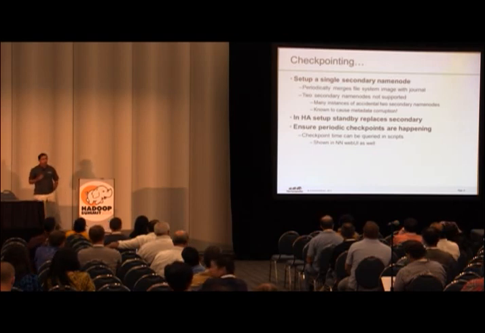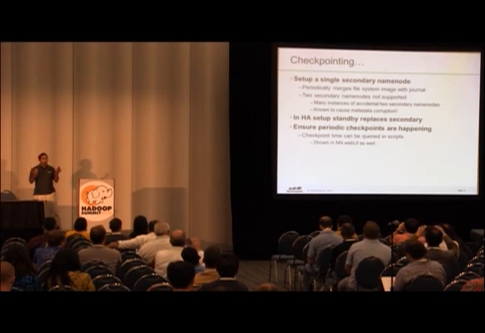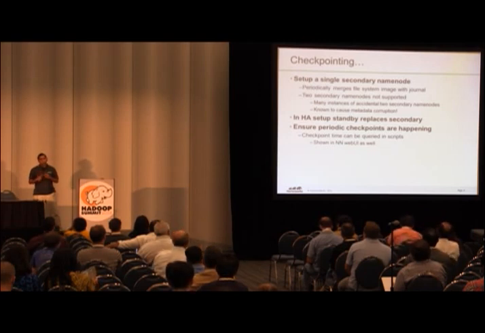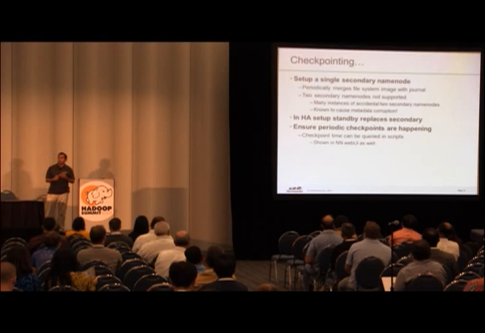What secondary name node does is, Hadoop has a file system image, and it records all the operations that are happening in the file system into a journal file called edit log. Checkpointer periodically takes fs image and edit log, and combines them into a new fs image. Without checkpointing, you will see issues in older releases where the edit log writing could fail because name node ran out of disk space.